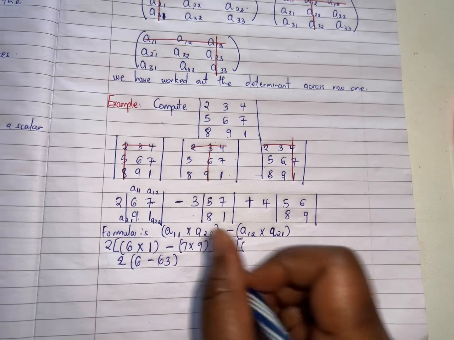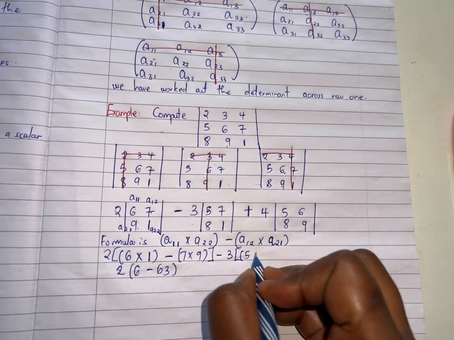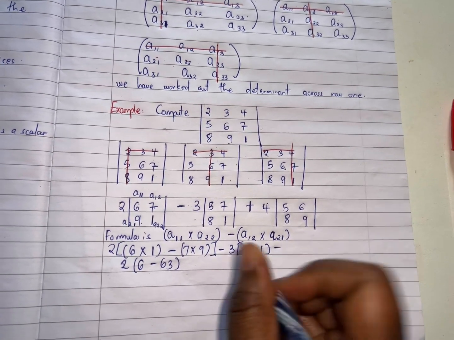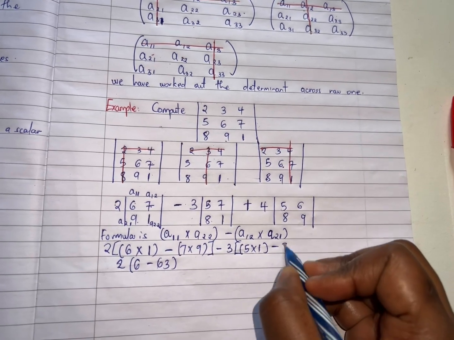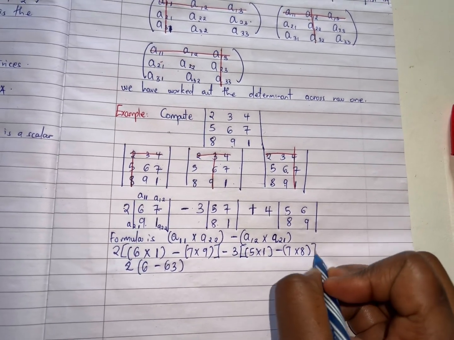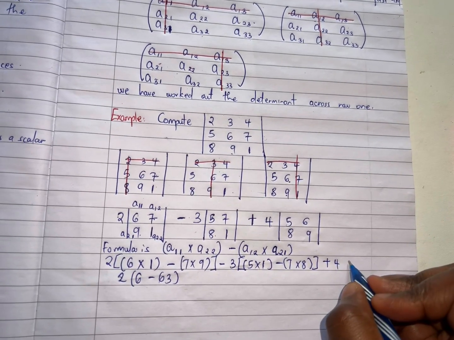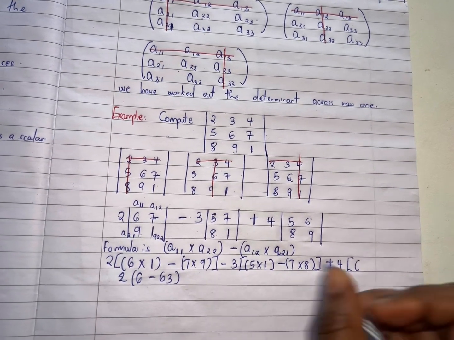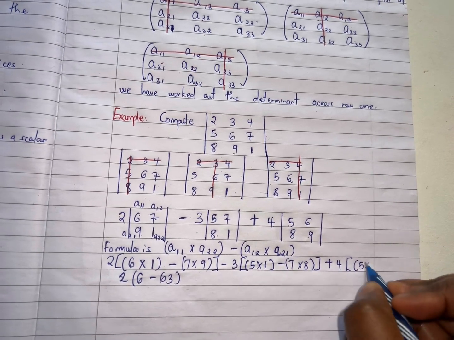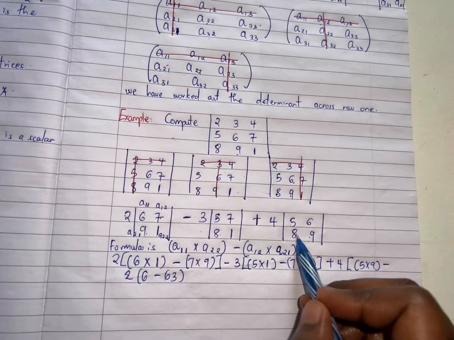3 into 5 times 1, that's the formula, minus 7 times 8, plus 4. Let me just write all of them. 5 times 9, minus 6 times 8.